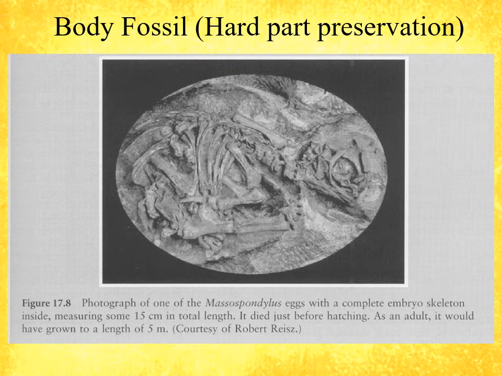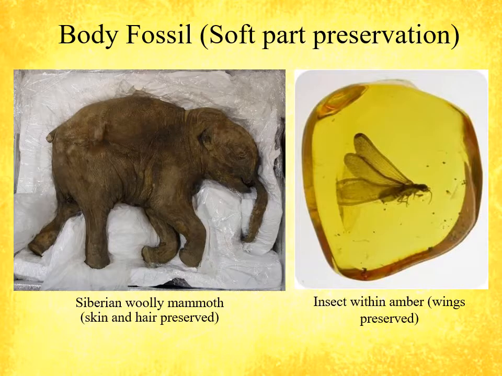So you can see that all the bones are already formed. Only the muscles are not preserved. So it is also a body fossil where the hard parts are preserved. Now, body fossils where the soft parts are preserved.